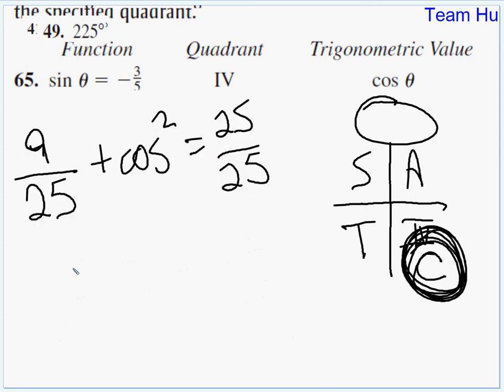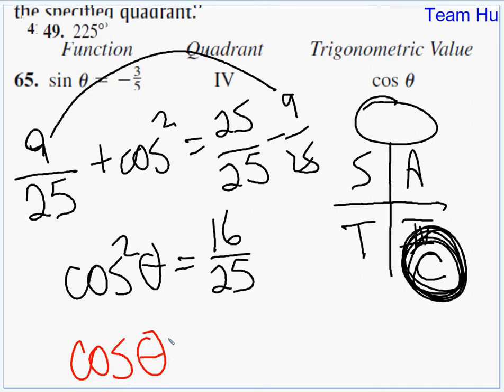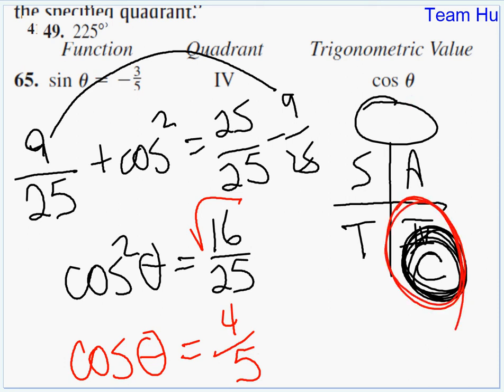So we are going to subtract: cos squared theta equals. Bring over the 9/25 and subtract it. 25/25 minus 9/25 is 16/25. Ooh, and that's just beautiful because when we square root the left side, we're just left with cos. The square root of the numerator is a 4, the square root of the denominator is a 5, and we've already figured out that it's positive based on the quadrant. So the cos is 4/5. Very nice.